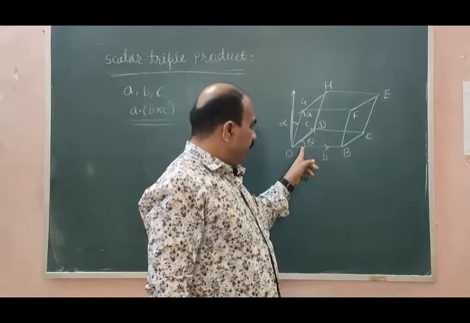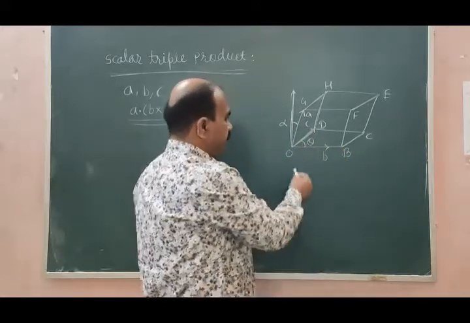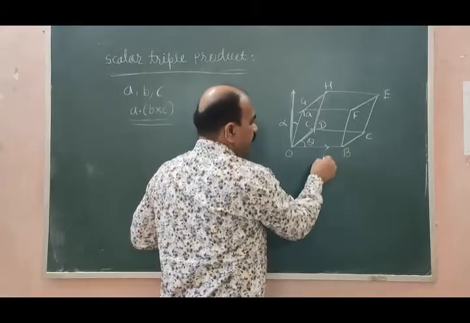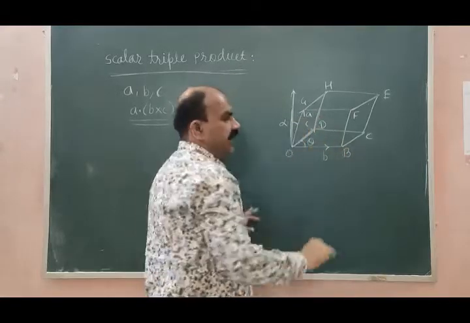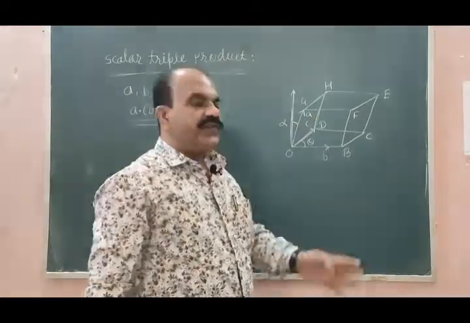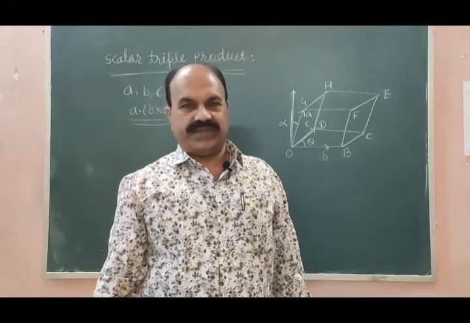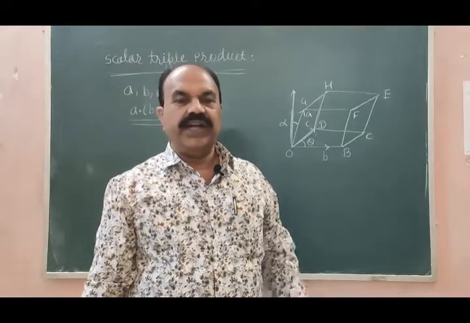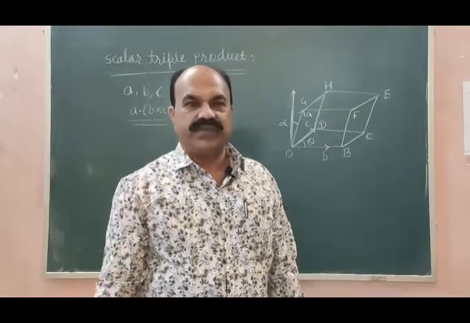Vector A, vector B, vector C. This figure is known as a parallelopiped. Deformed cube is known as a parallelopiped.